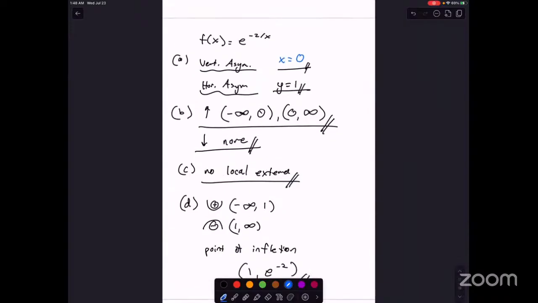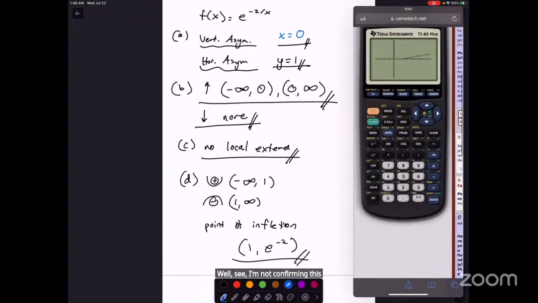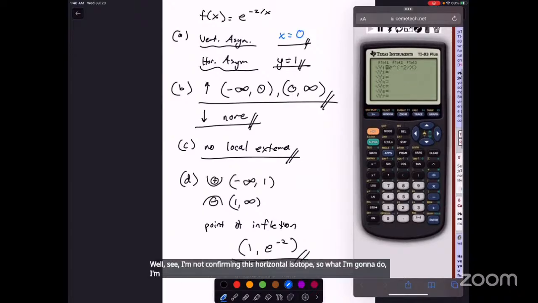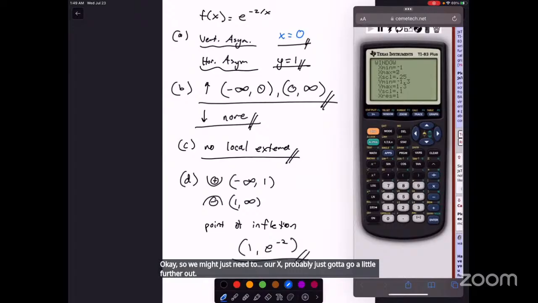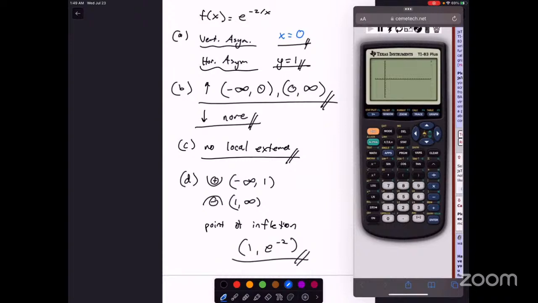Well, see, I'm not confirming this horizontal asymptote. So I'm going to go to my y equals and do y equals 1. I just want to see that. Okay. So our x probably just got to go a little further out. Let's go out to like 5. Yeah, you can see it flatten off.